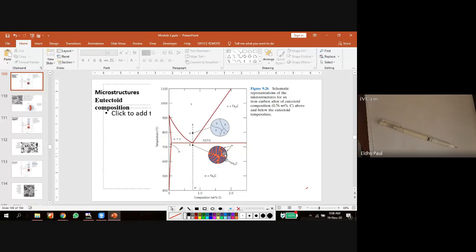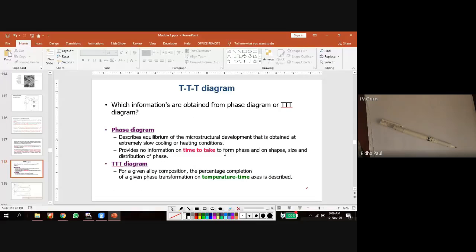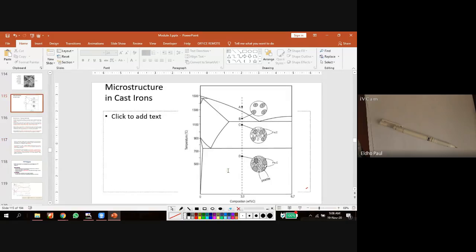So that is the main disadvantage of this phase diagram. Here in the phase diagram, we are not considering any time for the heat treatment process, cooling or heating. We only consider temperature and concentration. In every phase diagram, we cool or heat the components at a very slow rate.